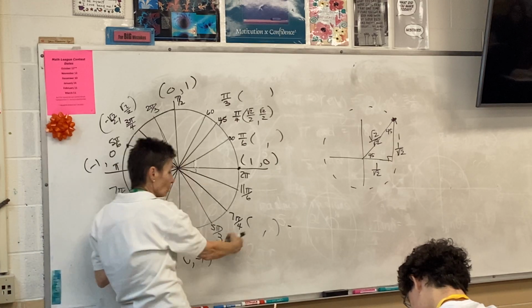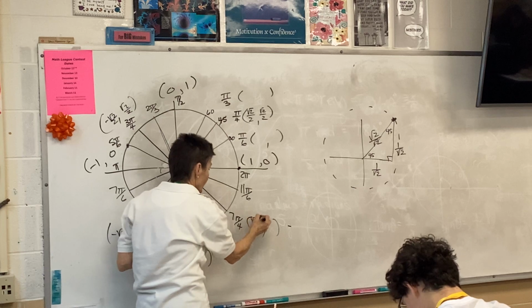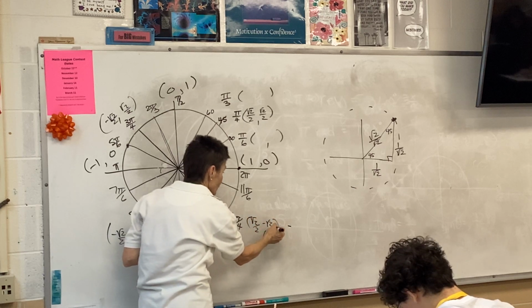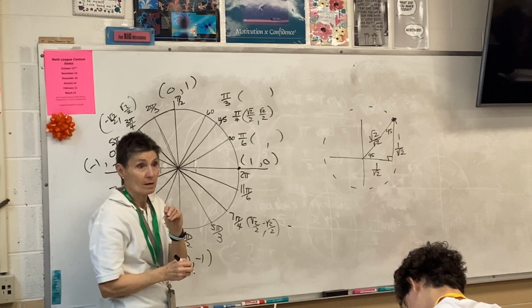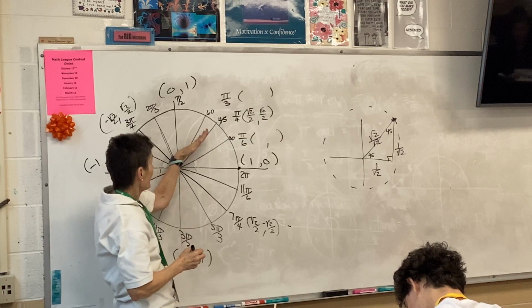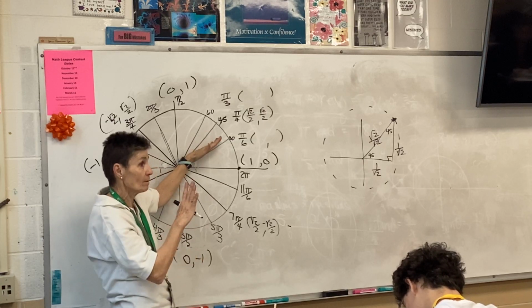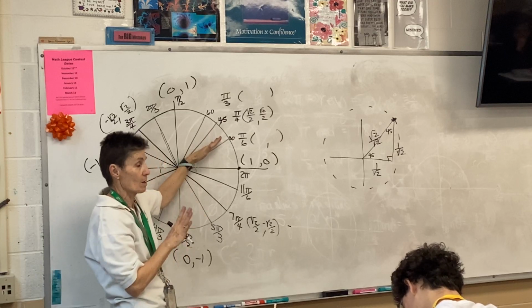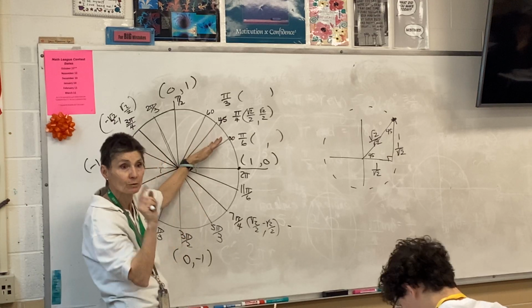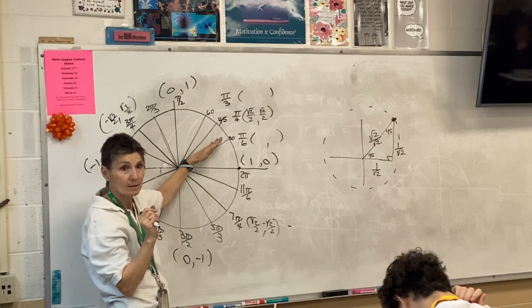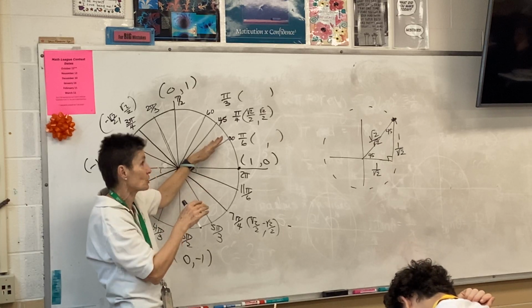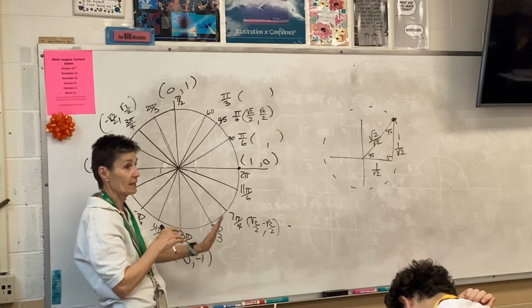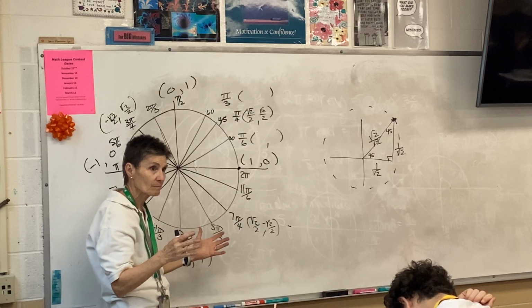And over here in quadrant 4, root 2 over 2, negative root 2 over 2. So what do you really got to remember? You really have to remember that any pi over 4 is going to be root 2 over 2, root 2 over 2, and then fix the signs, positives and negatives, depending on which pi over 4 you're looking at. See how easy that is?